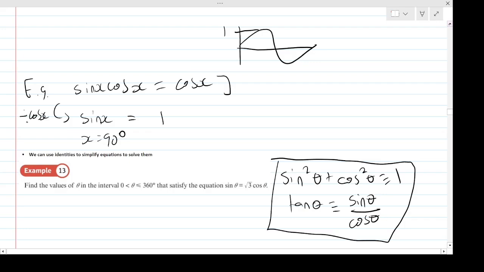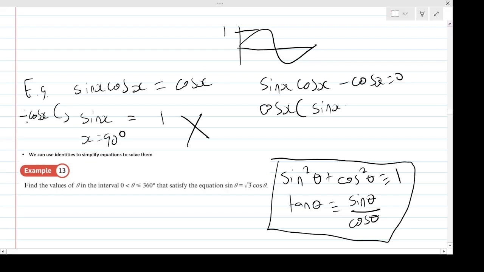We can factorise this expression and not lose any solutions, because if we move the cos x to the other side first, minus cos x equals 0, then a cos x is common to both terms of the equation. I can factor out a cos x and say cos x times (sin x minus 1) equals 0. Again, we've got two factors, so set them equal to 0, so we either get cos x is 0, or indeed sin x equals 1.